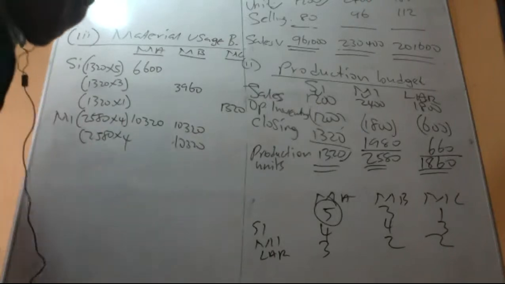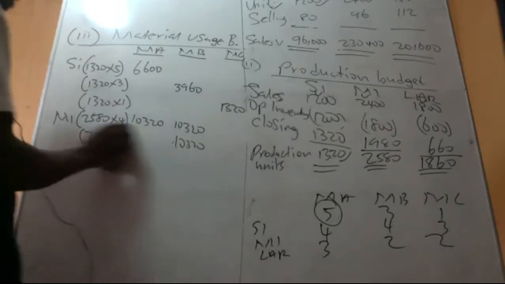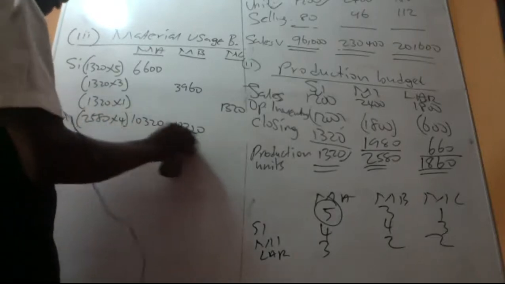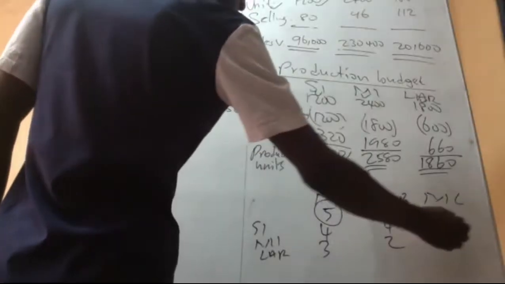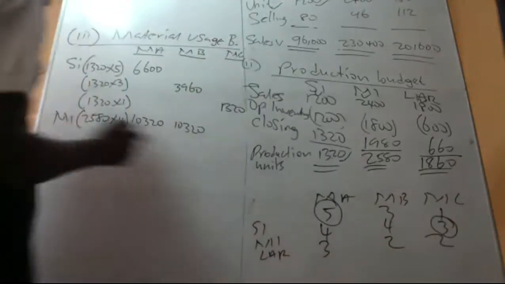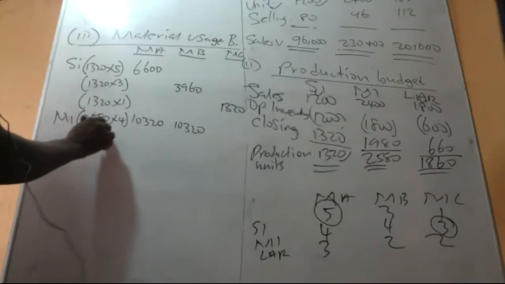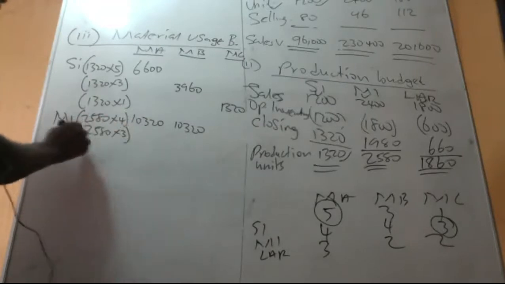Good. And then the last one will be 3 by 2580, so times 3.